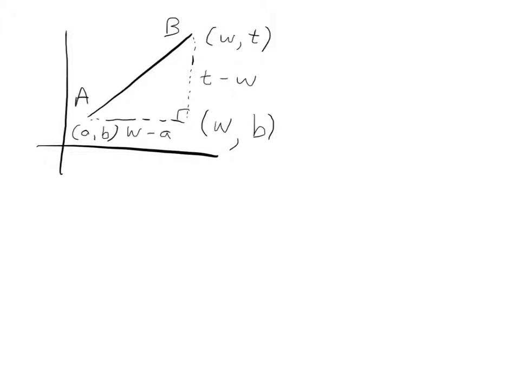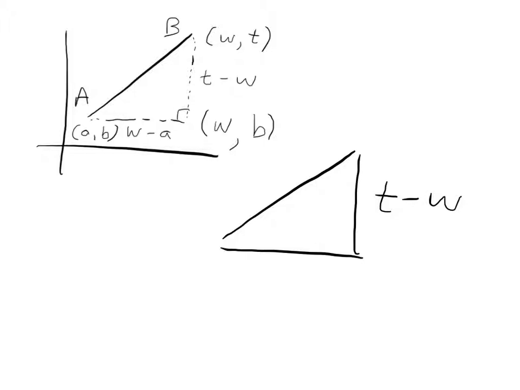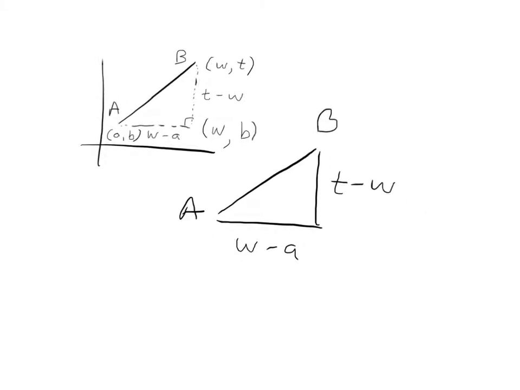We then want to work on that right triangle, so we've got our lengths here of T minus W and W minus A, and we want to find this length over here, AB. And to do that, we simply are going to use our Pythagorean theorem.